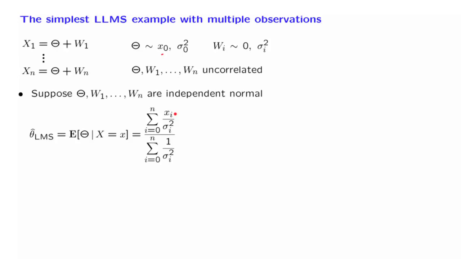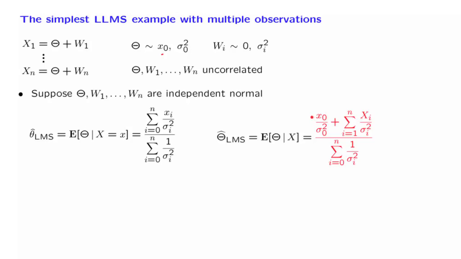On the other hand, if you want to translate this into random variable notation, then notice that this is going to be a random variable. This is our estimator. It's the conditional expectation of theta given x, and it's random because it depends on the values of the data that we see, which are themselves random variables.